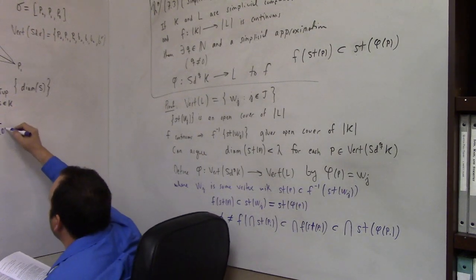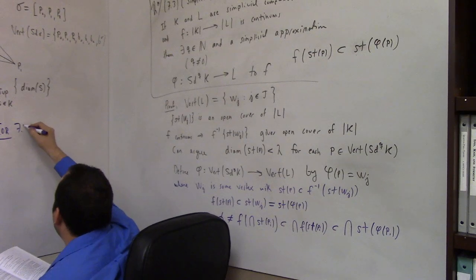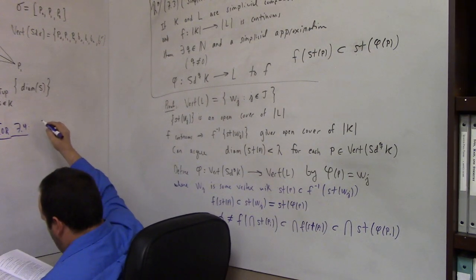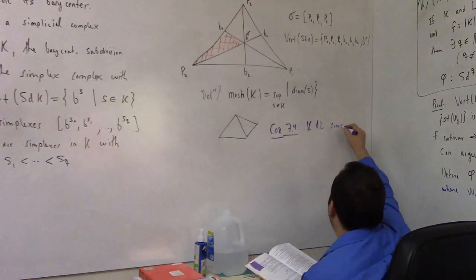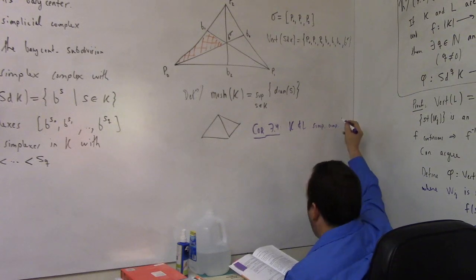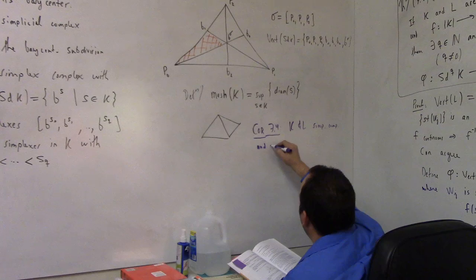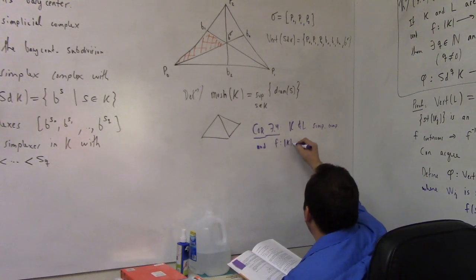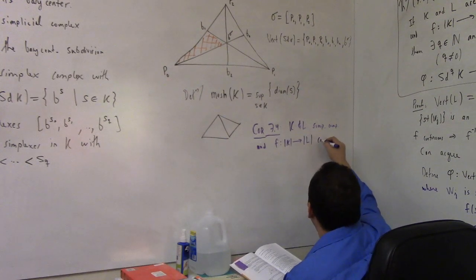What's our corollary? Corollary 7.4. If we have K and L simplicial complexes, and f mapped from the underlying space of K to the underlying space of L, I'm assuming continuous, then what?